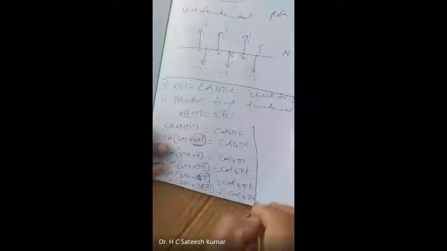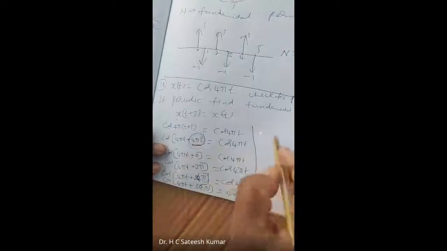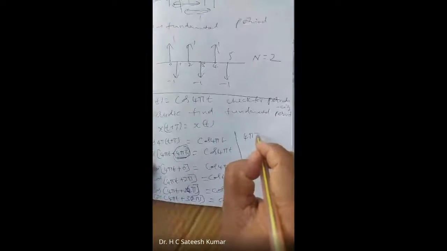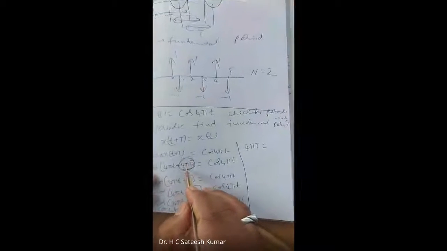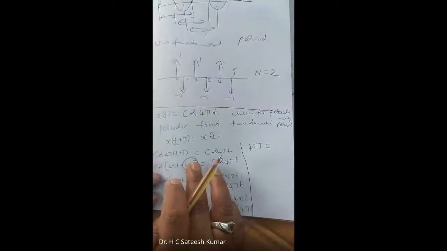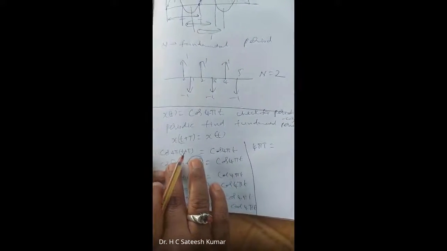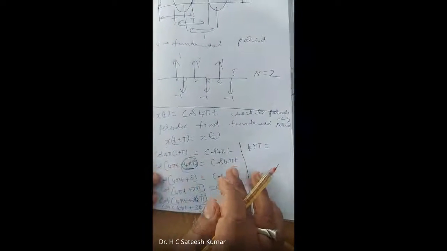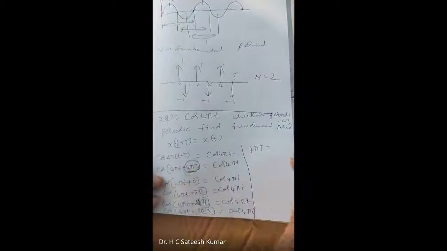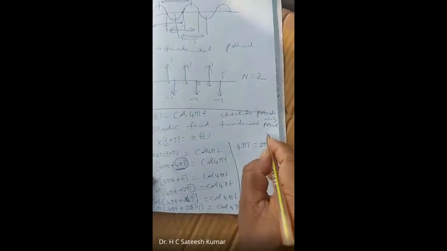That means what you should understand is that the second term, 4 pi T, should be an integer multiple of 2 pi. If it is an integer multiple of 2 pi, then 4 pi t plus an integer multiple of 2 pi will be equal to cos 4 pi t. Therefore, the second term should be equated to 2 pi k, where k is an integer.